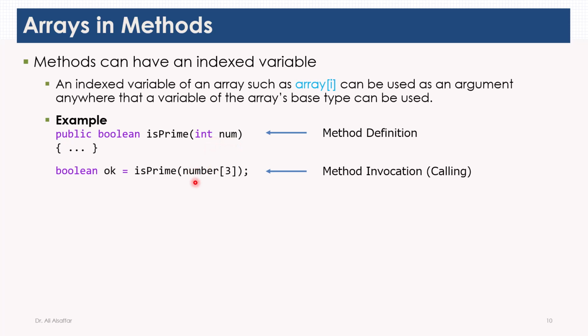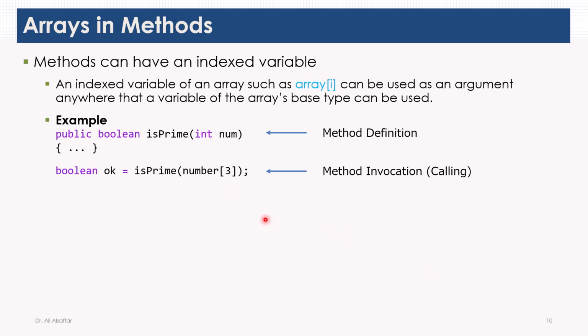It will pass the value of number[3] as a copy and copy it into num. The parameters that we supply when we call the method are called actual parameters. So here int num is the formal parameter and number[3] is the actual parameter.